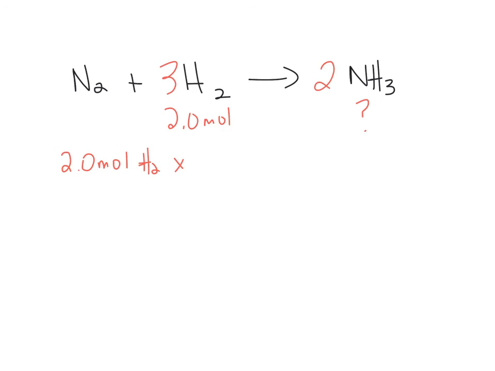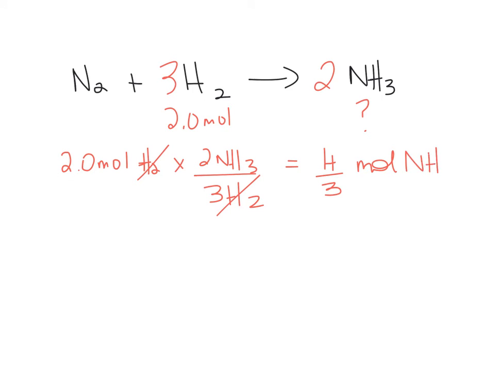I multiplied it by 2 NH3 divided by 3 H2. I got 4 over 3 moles. And what is 4 over 3 as a decimal? 1.5.